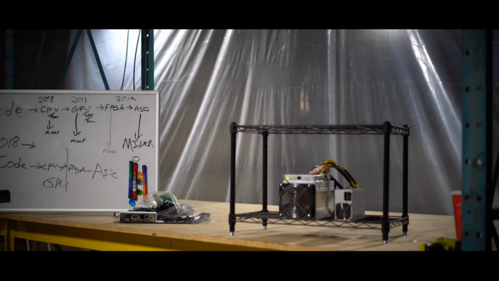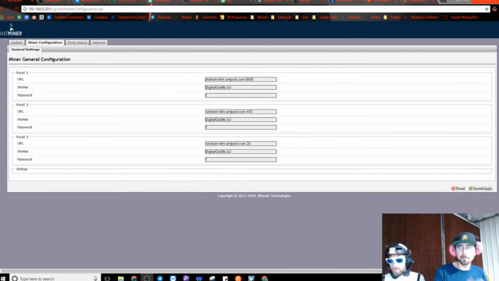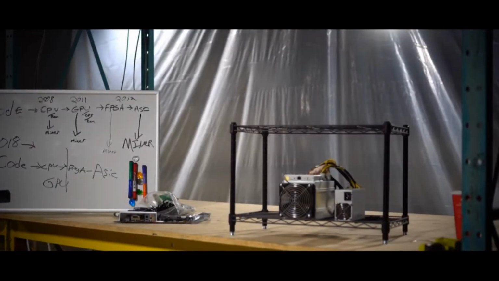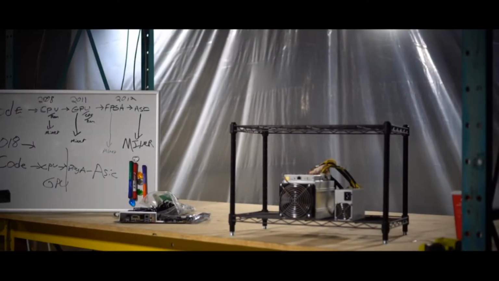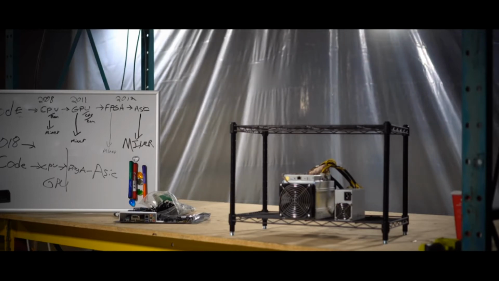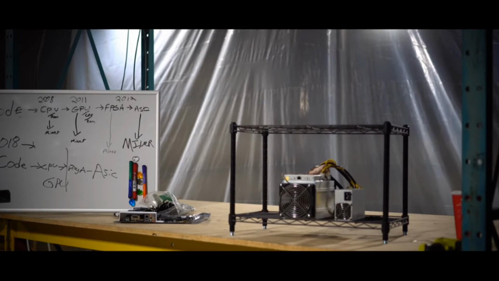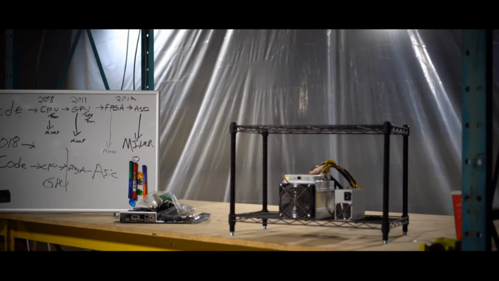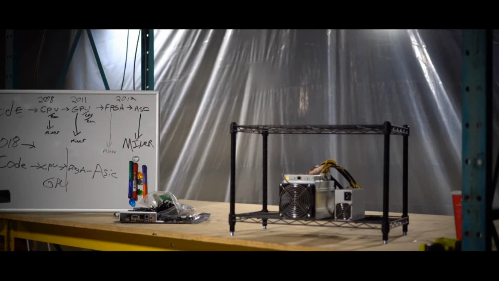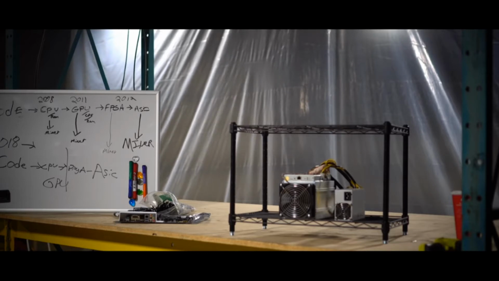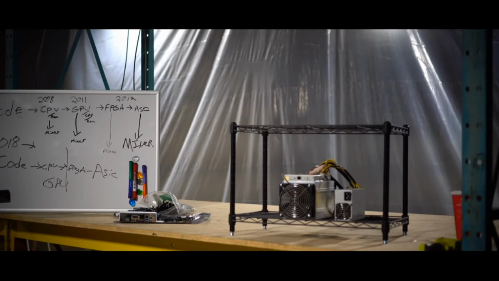So when we get to this scenario where people want these ASICs, this is what we're going to do. We're going to put them on a little crate here like this. We're going to hook up a PC right here for them, right? And they're going to have full control of their ASIC. Yep. They're going to be able to log in like this, right on our network. They're going to be able to see their settings, to change their things, and of course they're going to be able to mine to whatever pool they want.